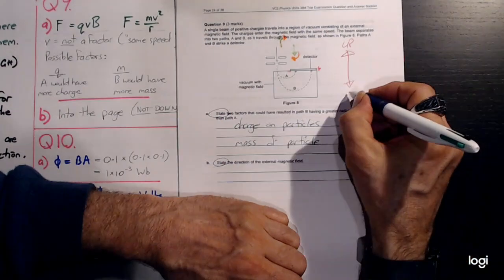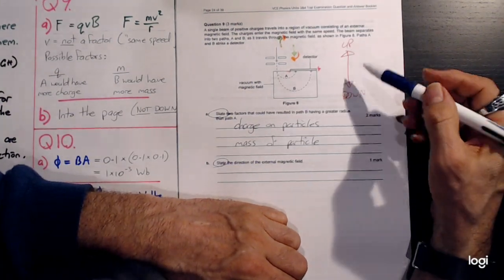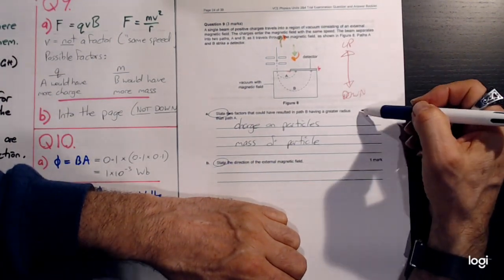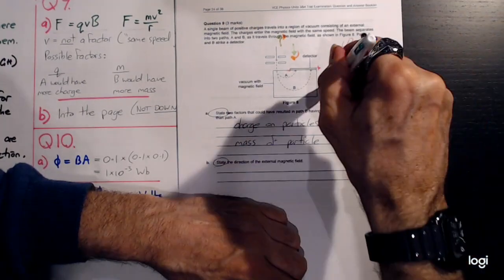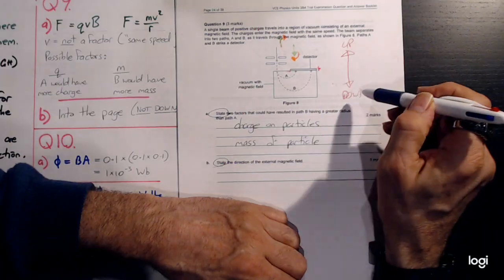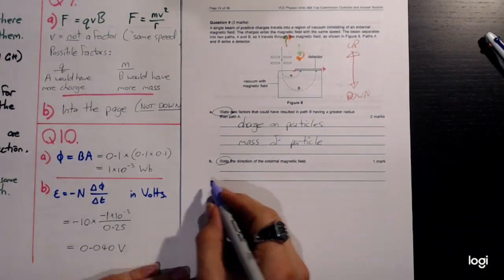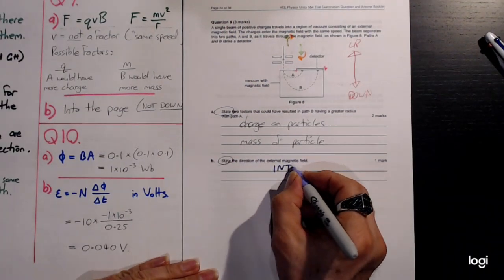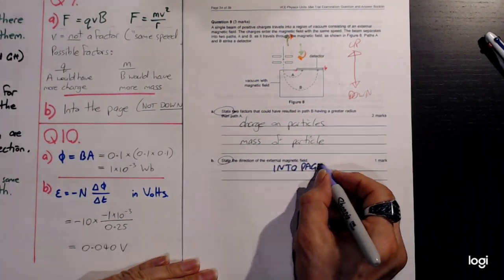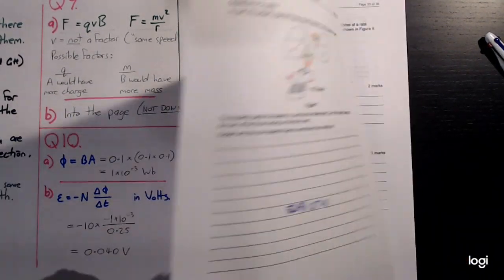And that direction is down, even though that's actually not up and that's not down, right? Up is towards the top of the page, down is towards the bottom of the page. That direction, which is currently down, it's the way things fall, right, is called into the page. Don't get it wrong. So state the direction of the magnetic field: into the page. And again, say it and stop. 1 mark, no time. All right.